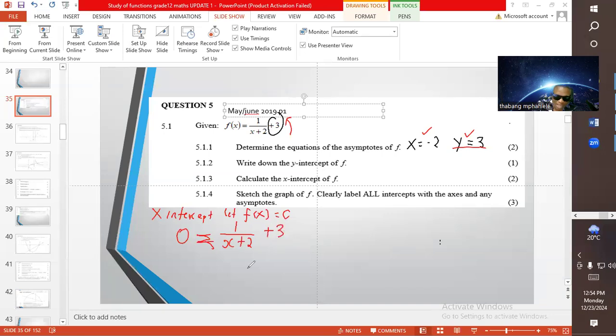So you can tell that when we are looking for the x-intercept, we are looking for the value of x where y is 0. So we have to calculate the value of x. How do we calculate the value of x? One strategic idea is that you can take positive 3 and transpose it to the left-hand side, which becomes minus 3 equals 1 over x plus 2.